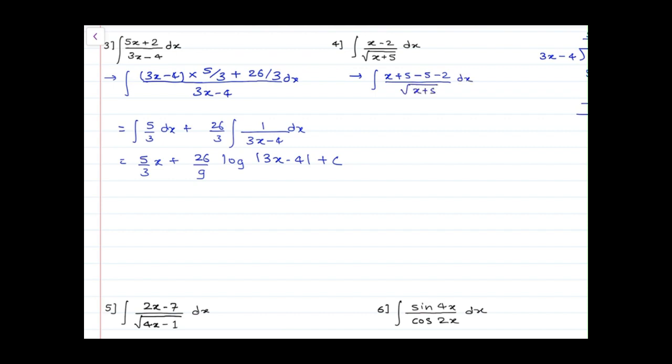Yeah, so what we can see, we will remain with x plus 5 divided by root of x plus 5 and minus 7 divided by root of x plus 5. Now again we can easily solve it, right? So we will remain with root of x plus 5 because in the numerator we have x plus 5 divided by root of x plus 5.